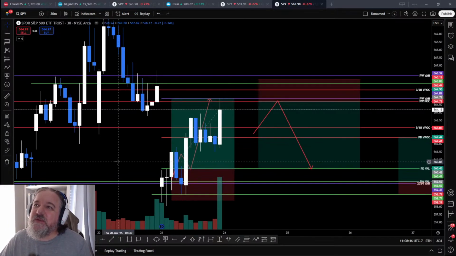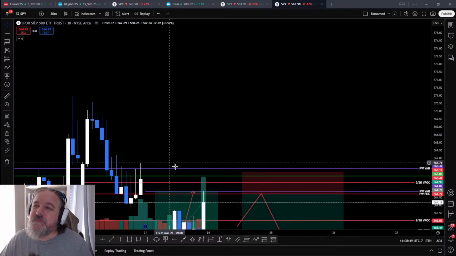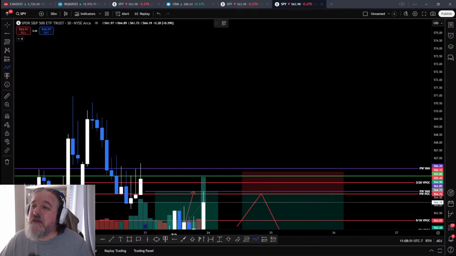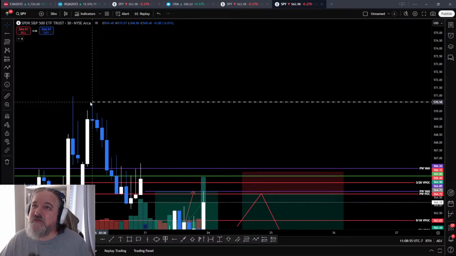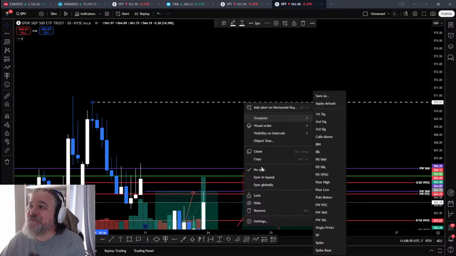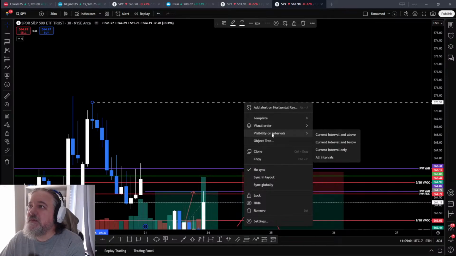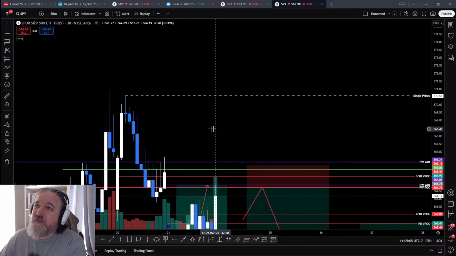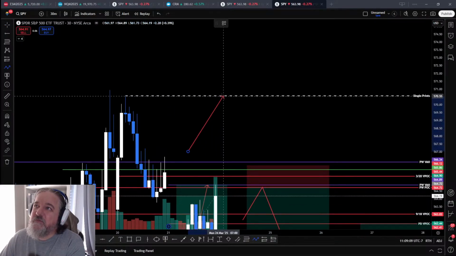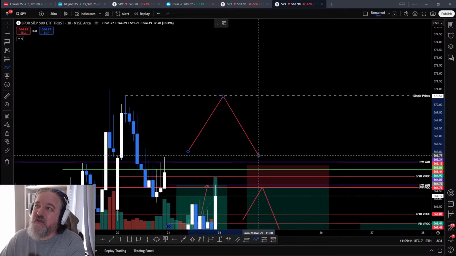It's not just single prints. Let's just say we have a level here that's single prints. Actually, let's do this, because this is a single print, right? And normally, with single prints, we would expect that if price comes back to here, we're going to sell off from there.